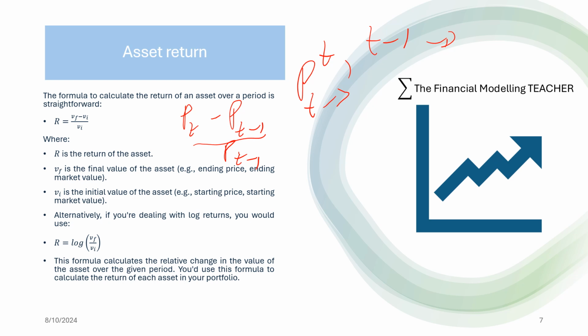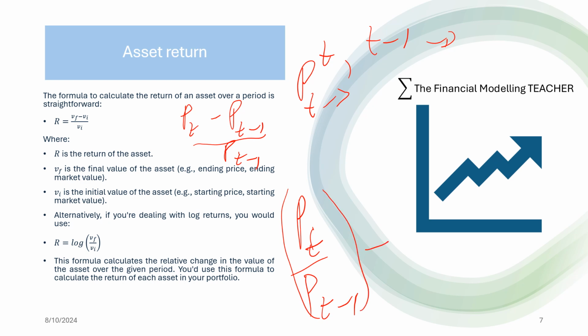Alternatively, in this analysis, we can use the log returns, where we take the ratio of the final value over the initial value, from which we work out the natural logarithm. So in the notation where we have P_T as today's or the current price divided by the previous price, P_(T-1), we have that ratio.